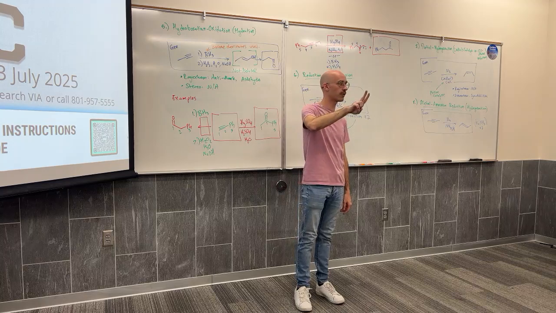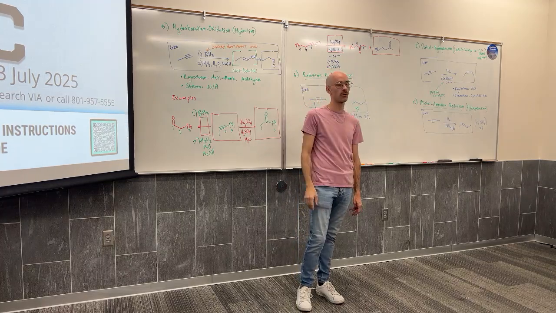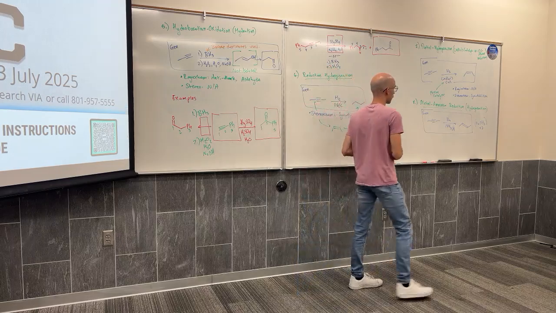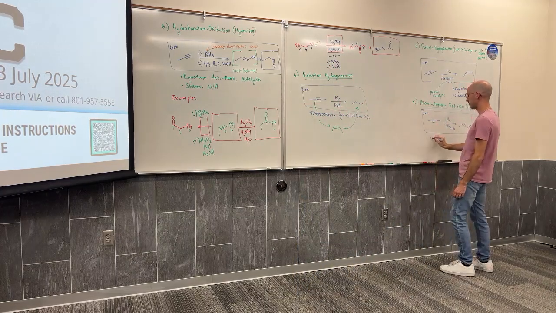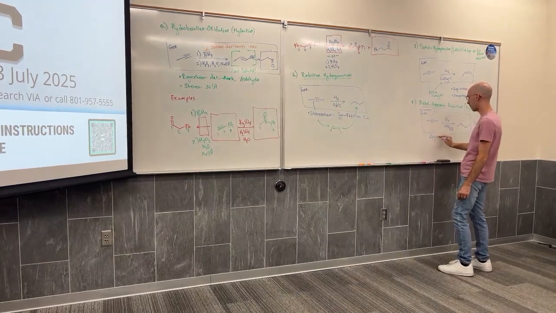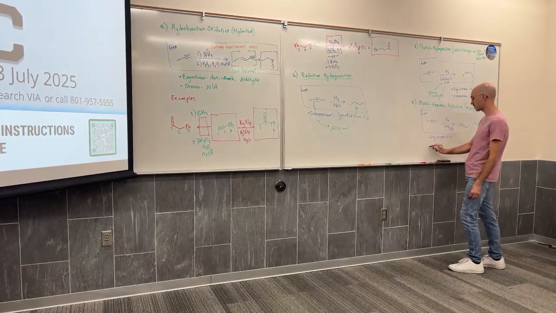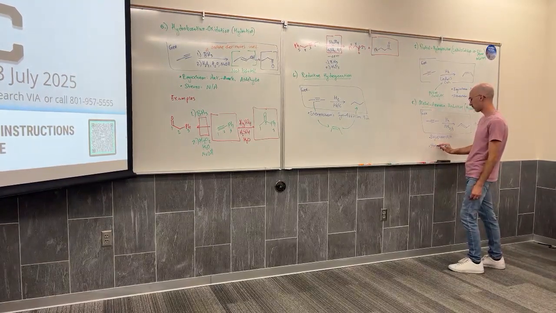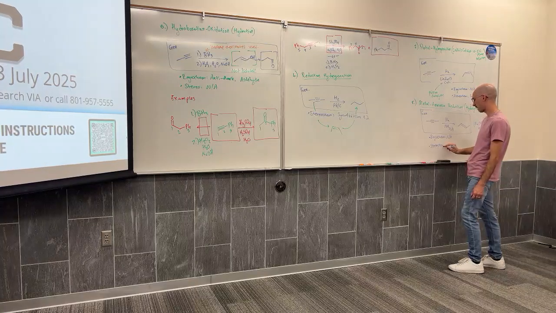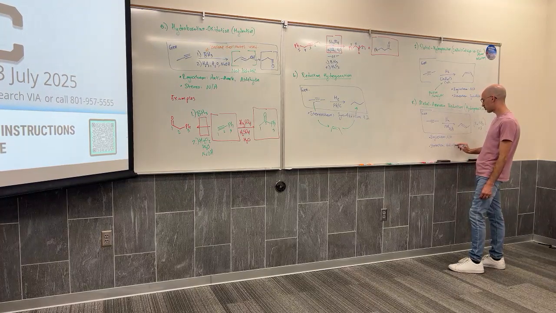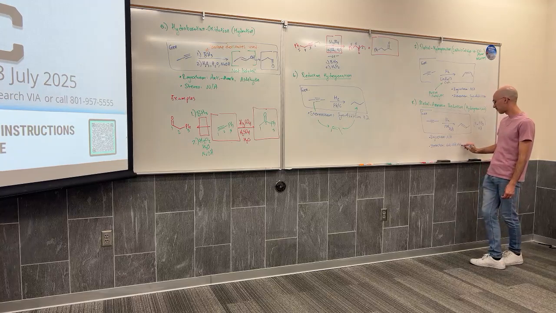So I need 2 equivalents of sodium to each give away their 1 electron. So in terms of regiochemistry, nothing to talk about. But in terms of stereochemistry, this is an anti-addition, trans-alkene product.